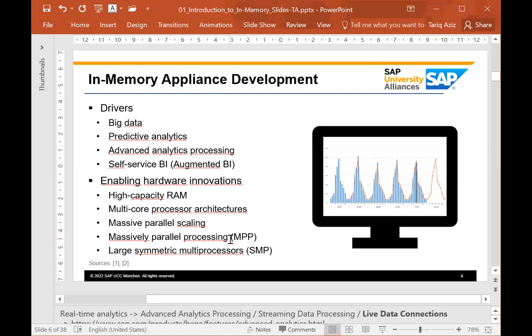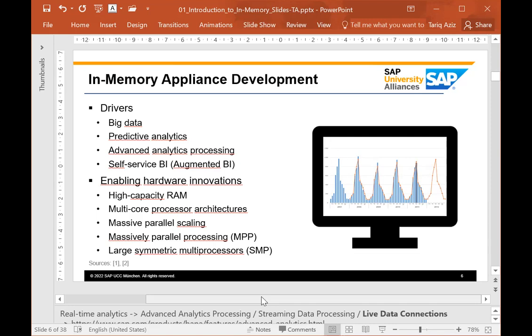We do have multi-core processor architectures, the CPUs are multi-core processors. Massively parallel processing is available. When we talk about massively parallel processing, we have lots of computers connected together, and every computer has its own operating system. We connect them together, and they work in parallel to process our requests.